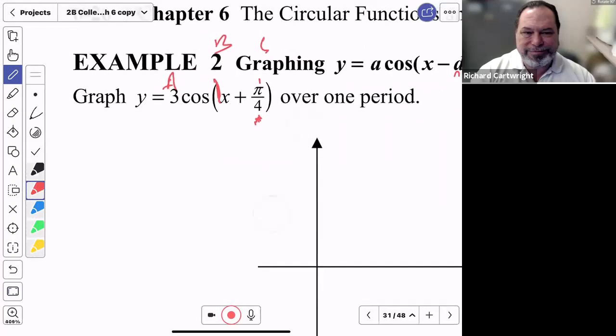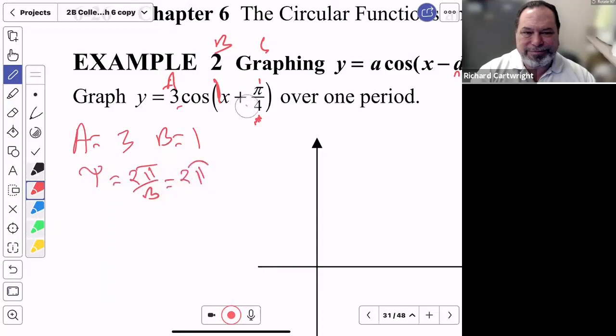But anyway, let's talk about the period, the amplitude. The amplitude will be the absolute value of 3, which is 3. My B is a 1. My period would be 2 pi divided by B, which is 2 pi.